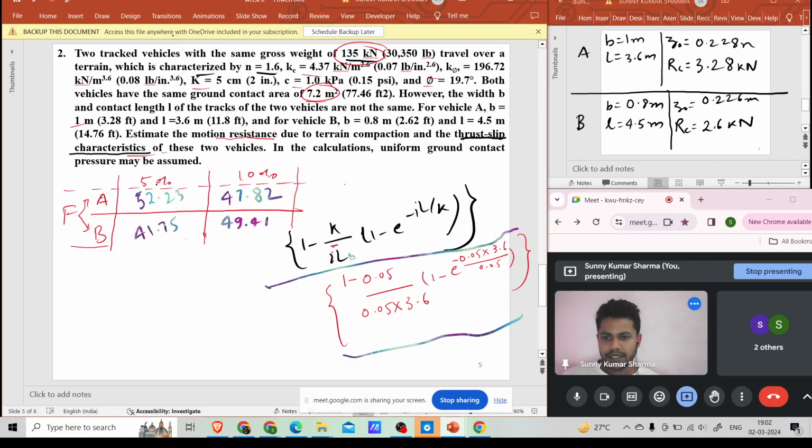There is some mistake here also, because if this decreases and this side is increasing, then this side should also increase. You are making some mistake.